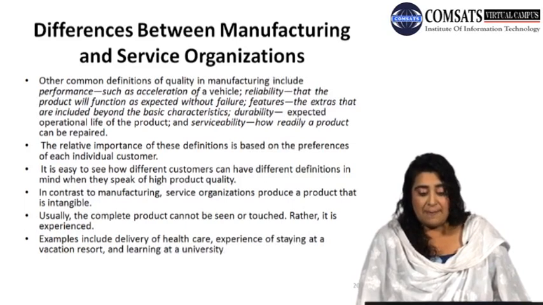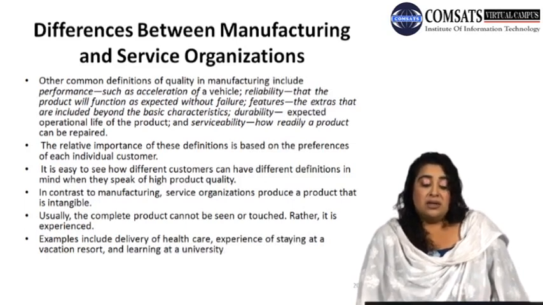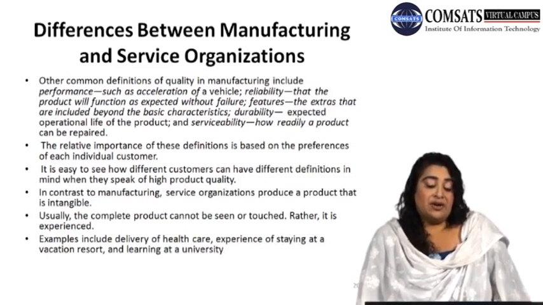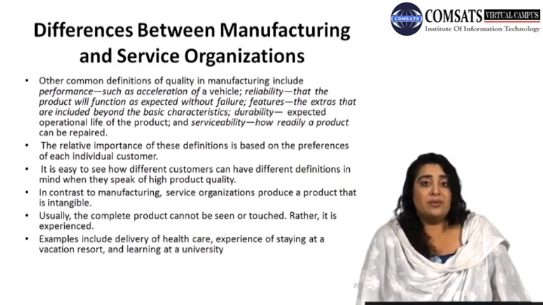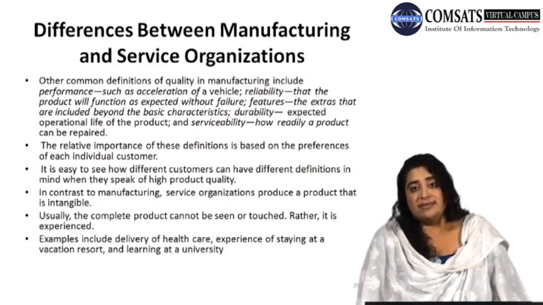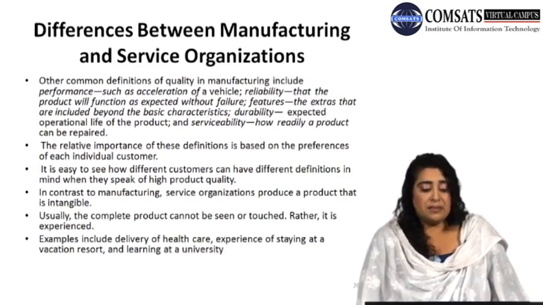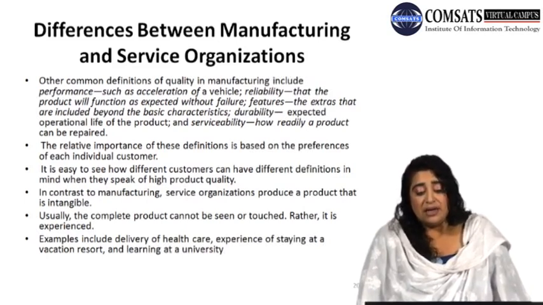Like, let's say, for example, you have bought an air conditioner, and the company you bought it from is supposed to come and provide you services, let's say, once a month. So, that service the company is providing is a part of the quality that they're providing.